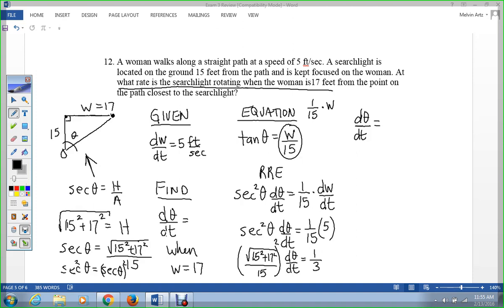So I'm going to have to do this calculation. 15 squared is 225 plus our 17 squared is 289.